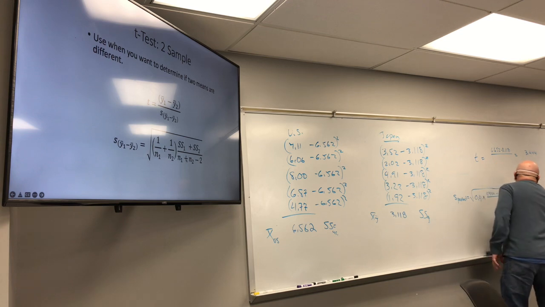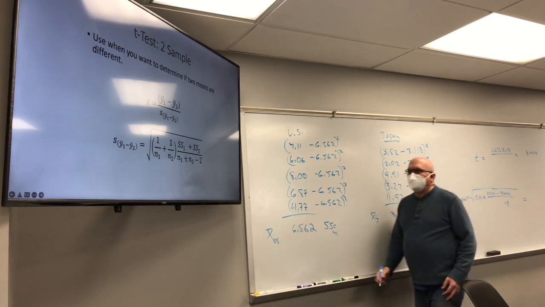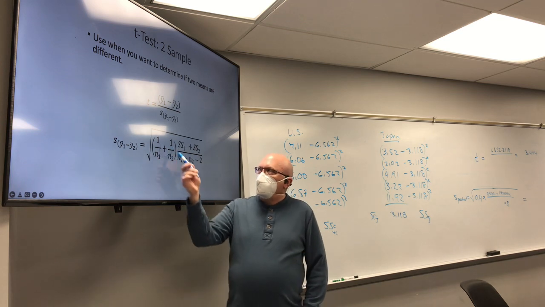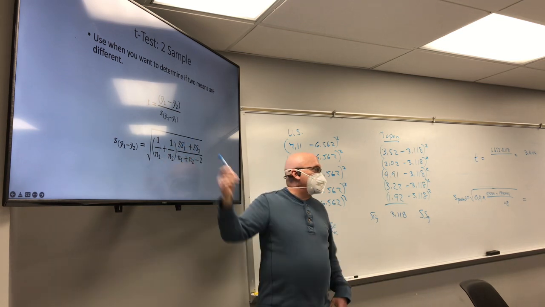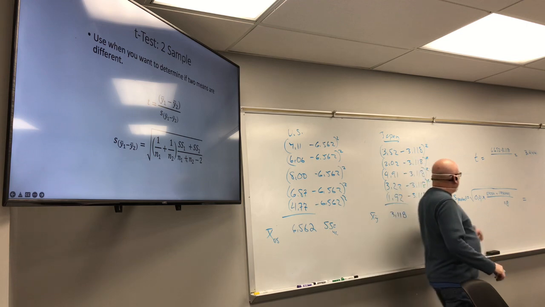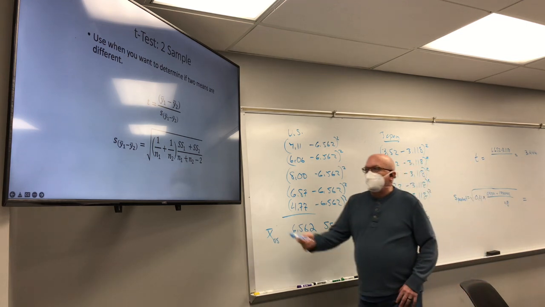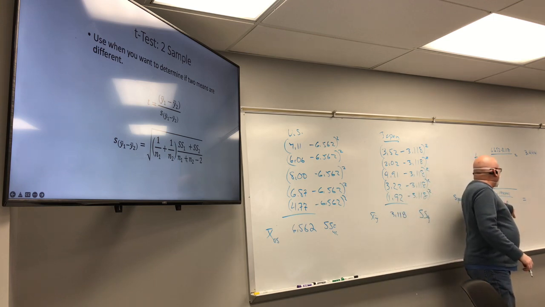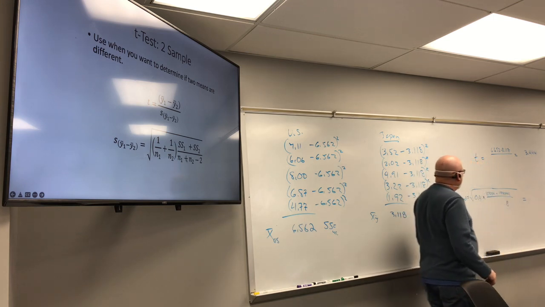So run that calculation on out. This thing is 0.4. This is the sums of squares of the US, which is 0.903. Sums of squares of Japan, rather, and that is 1.932. And then the degrees of freedom is 8.